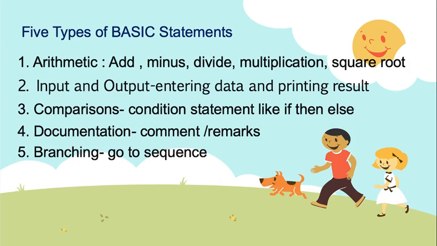Third, it is about comparison using if then else. Fourth, documentation, which is very important, so we call it comment or remarks. And lastly, this makes this programming language famous by using the go-to command or the go-to sequence.